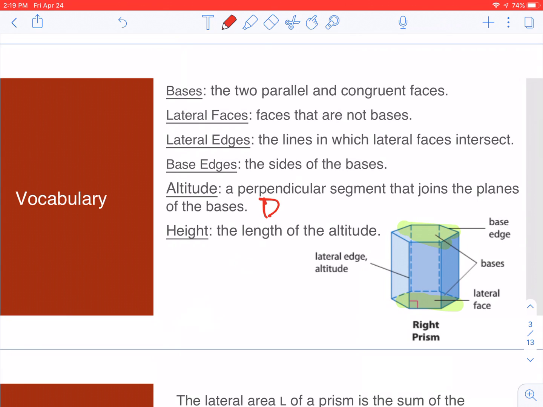So I'm going to write it right there: distance between bases. Okay? And it's perpendicular, and then the height is the length of that altitude.